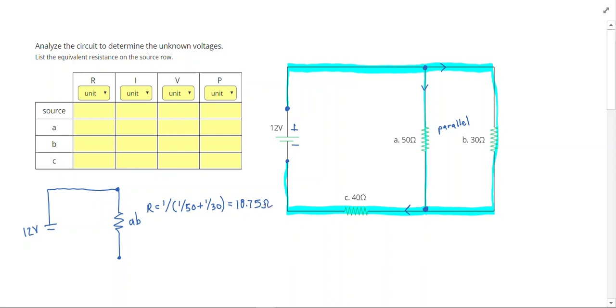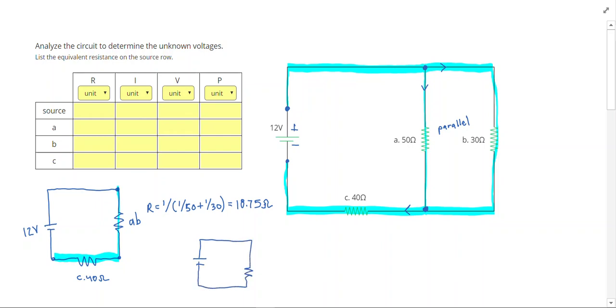Alright, so then I still have resistor C right here. And resistor C is 40 ohms. So now if I look, I just have this one route, so one path, and resistors A and B can be combined together. But now since there's no splits, resistor AB along with resistor C make a series. So let me redraw this with just one resistor.